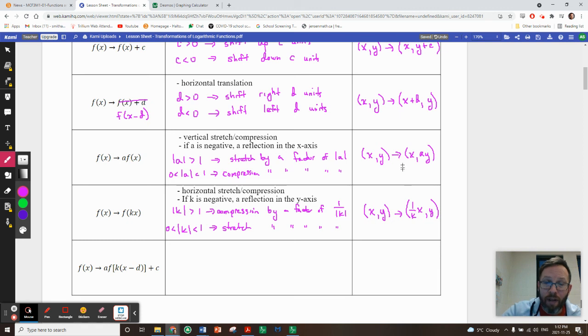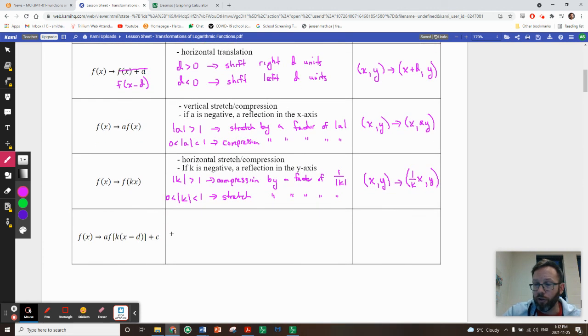Now, when you put all these together and you graph a function that could have 1 or 2 or 3 or all 4 of these parameters not being 1, this is just all the transformations.